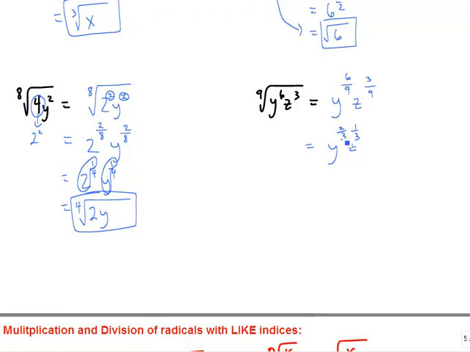Since these two denominators match, they're both 3's, then we can convert this back into a cube root, and under the cube root, we're just going to take the y squared and the z to the 1. So we're just taking that numerator power and attaching it to our variables. So our final answer, cube root of y squared z. And there's our simplified radical.